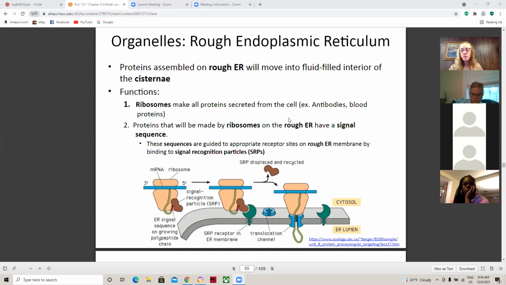Ribosomes make both of these proteins, like I said before. They make proteins that are going to function in the cytoplasm. They make proteins that are going to be excreted from the cell or be part of the plasma membrane of the cell.